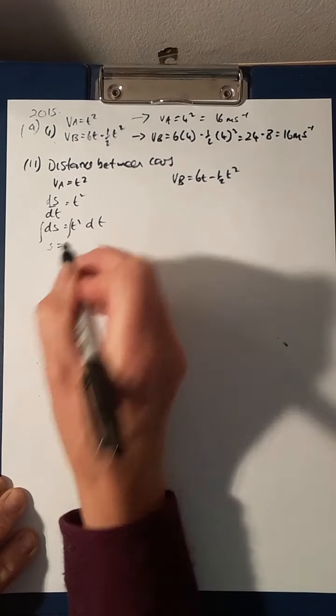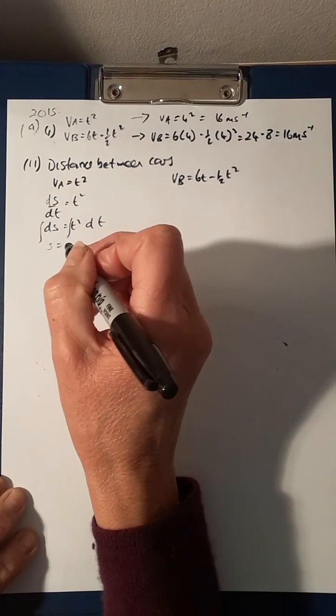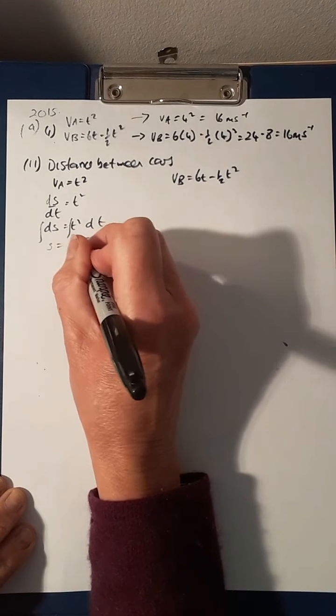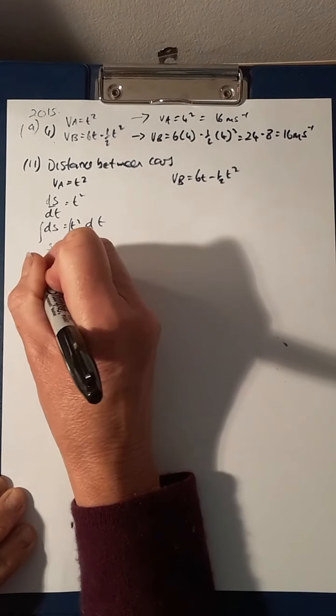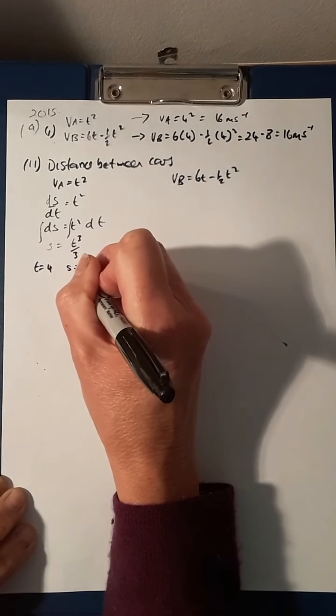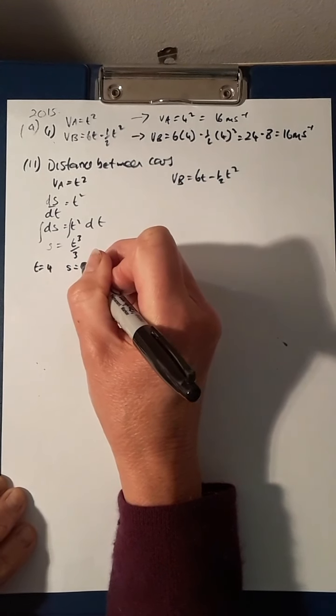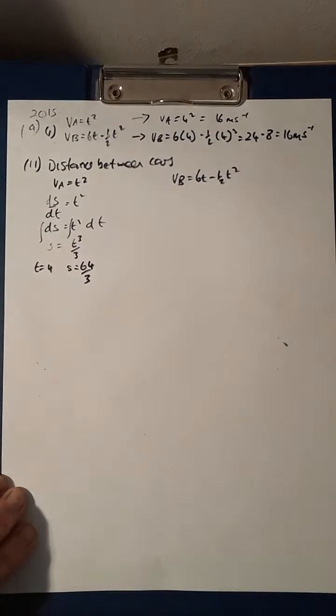When I integrate the t squared, I'll get t cubed over 3. Putting in 4 seconds for t gives me an s of 64 over 3.